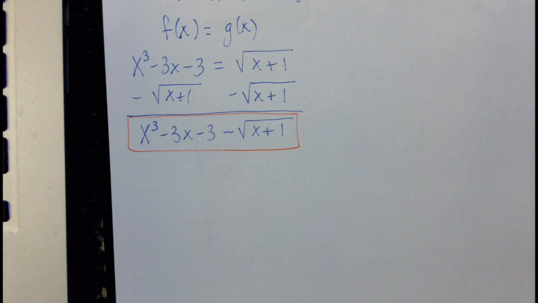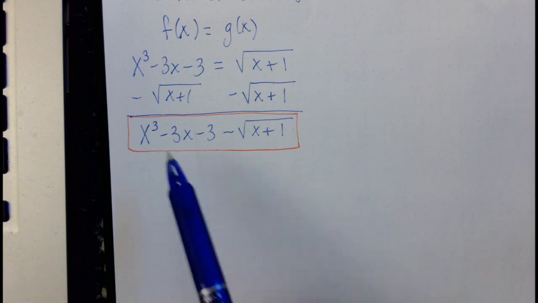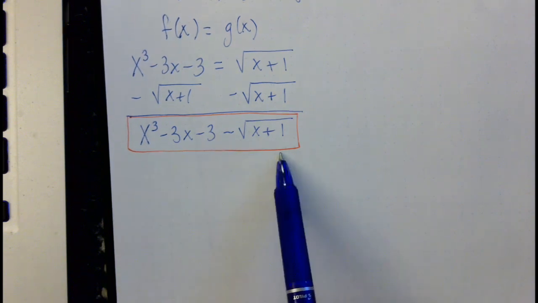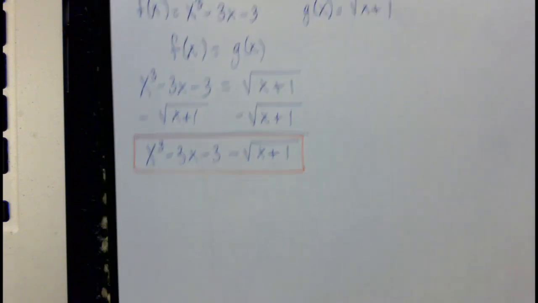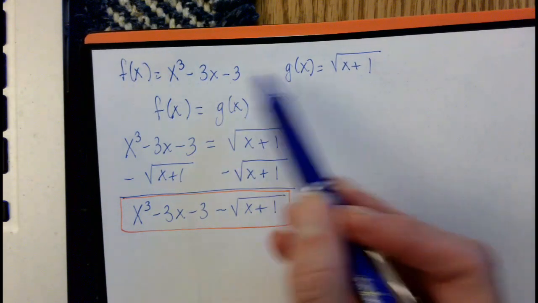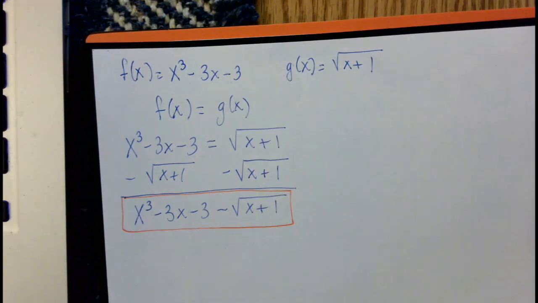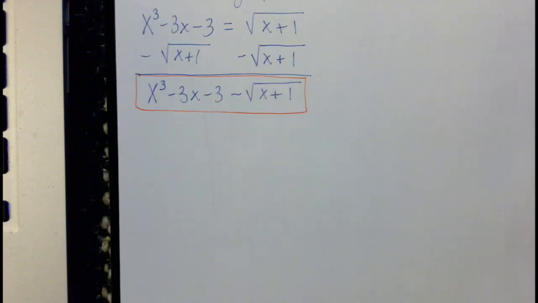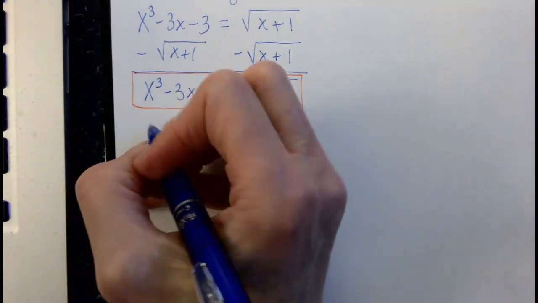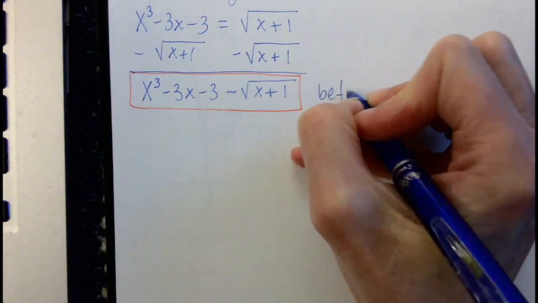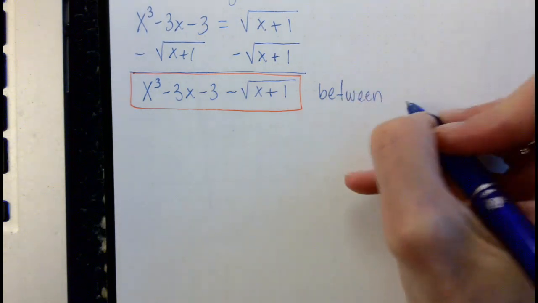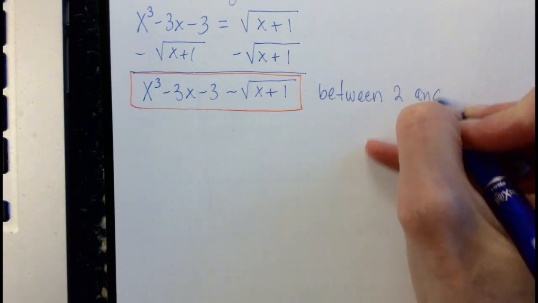Again, I do not have the internet, but luckily I've worked this problem out ahead of time so I can keep going here. What we do is we can type this equation into Desmos, and what we're going to find out is that our answer is going to be between 2 and 3.